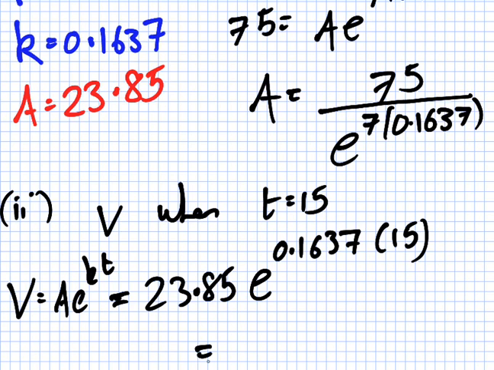So you get 2 marks for just typing this in: 23.85 times e to the power of 0.1637 times 15, and that comes out to be 277.9. If we go to 3 significant figures, it would be 278, but I'll just leave it as 277.9. Okay, and that's that question taken care of.